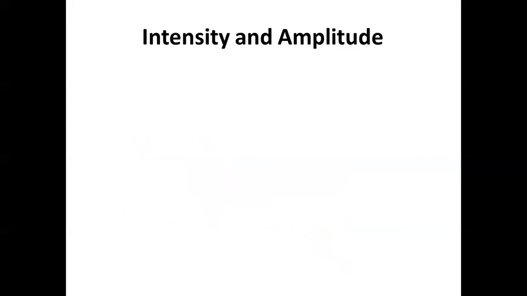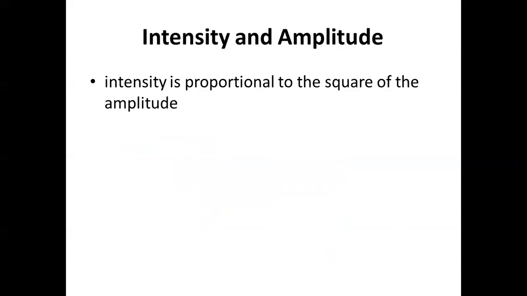Now, intensity and amplitude are related through this. Intensity is proportional to the square of the amplitude. In symbols, it will look like this. Turning this into an equation, we have I is equal to Ka squared. And finally, we have the ratio of intensity to the square of the amplitude equals a constant.